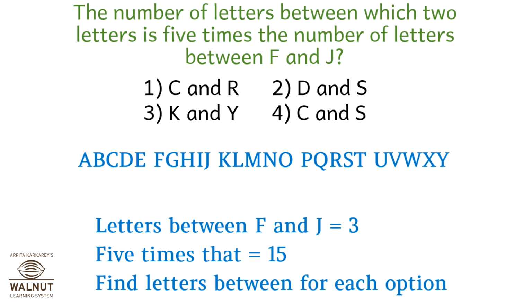Now we have to find letters between for each option. So C and R is 14. D and S is 14. K and Y, the difference is 13. C and S, the difference is 15. So that is the correct answer.